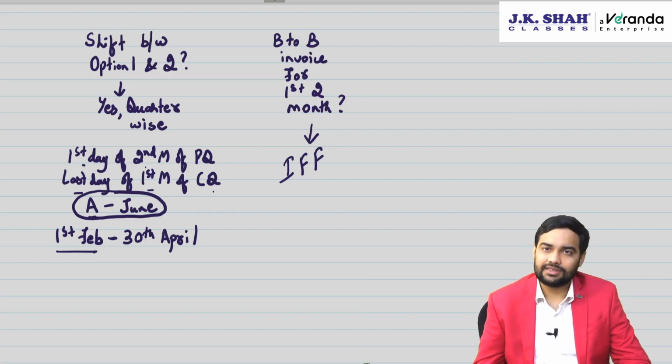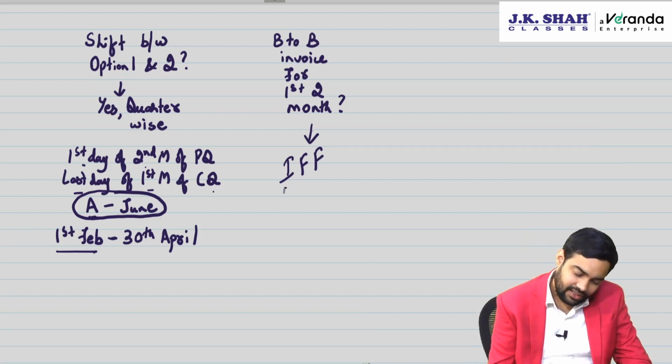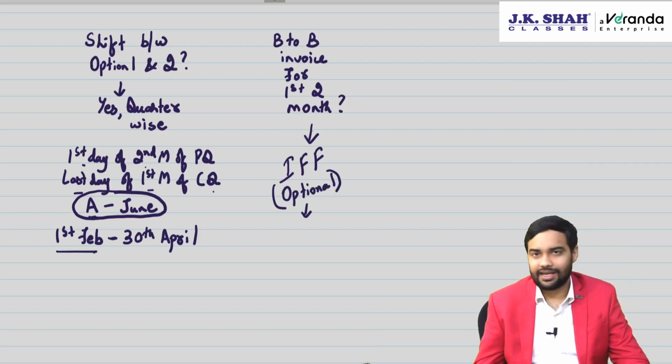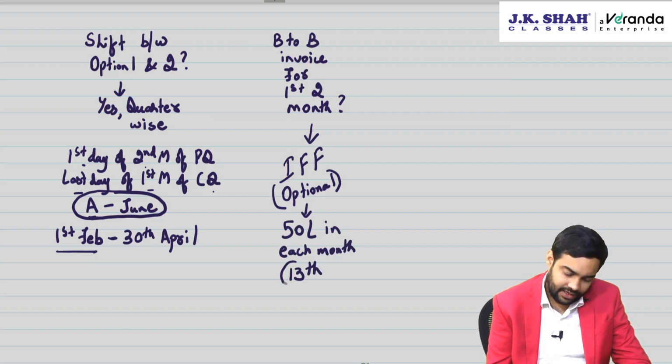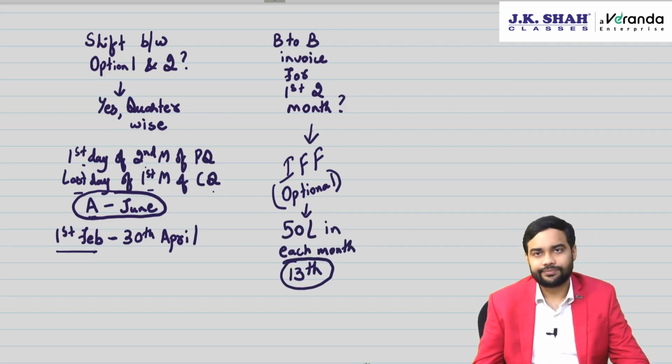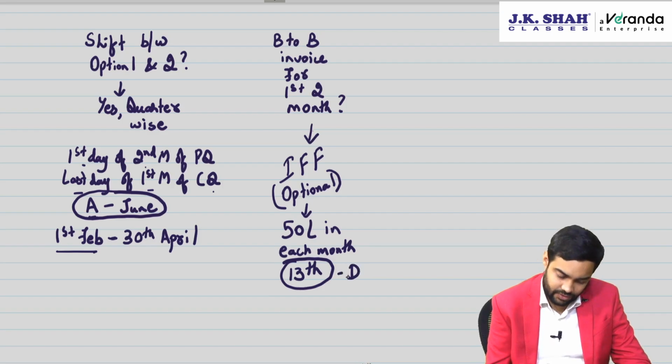For first 2 months, B2B invoices can be reported in invoice furnishing facility so that the recipient can avail timely ITC. But anyways, this is optional, and only B2B invoices, debit note, credit note can be given, plus there is a limit of 50 lakh in each month. What's the due date, sir? 13th after each month is the due date.